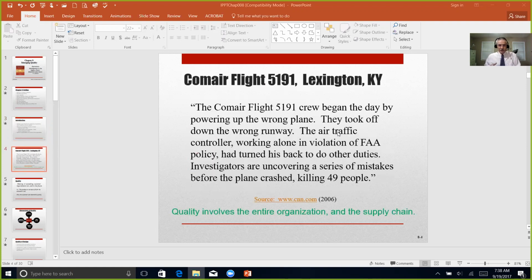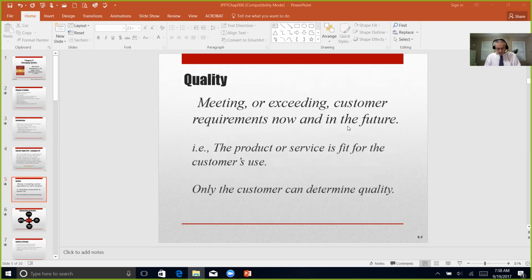Here's a good example, Comair Flight 5191, where everything that could go wrong apparently did go wrong and resulted in loss of life. And quality really is meeting or exceeding the customer's requirements or expectations. That means the product or service fits the customer's use.